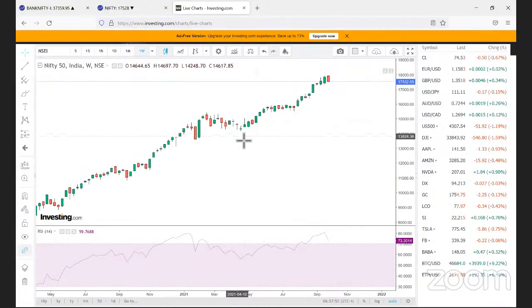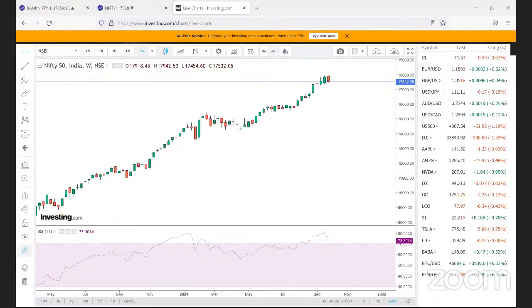Overall, after this low was formed, not a single candle has closed below the prior week low. Is that clear? Okay. And you can clearly see that the low of current candle is at 17,454, which means that in the coming week, if we break below that 17,454, that will be a sign of concern that something is changing in the market, and you need to be very careful.